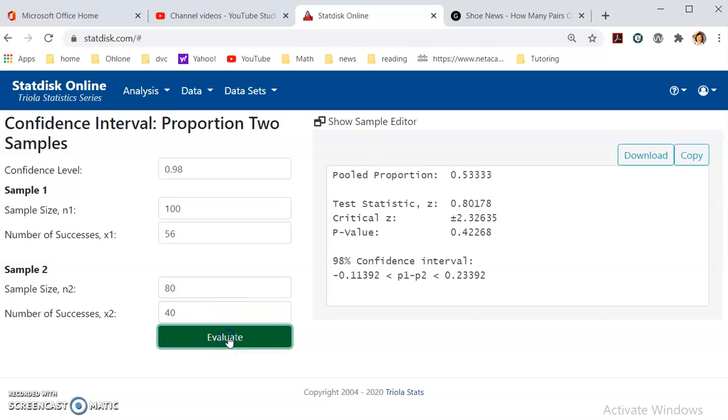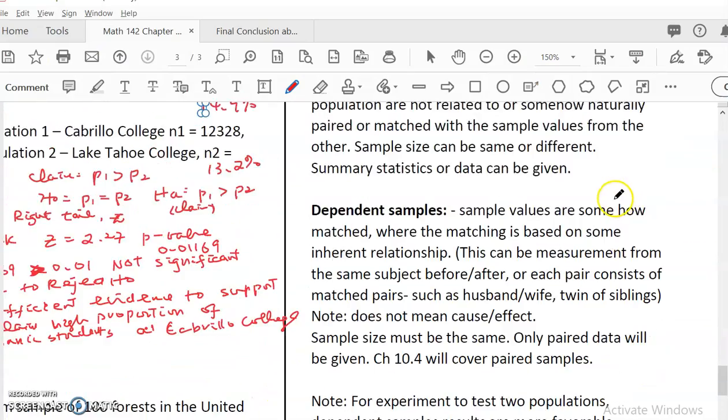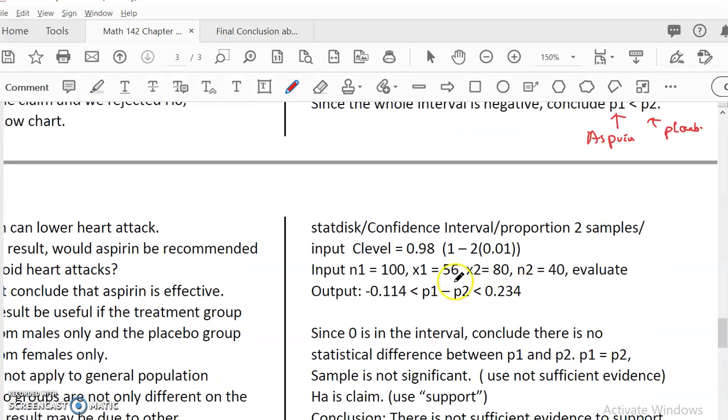And then we evaluate. They do have a p-value that they give you, but you're looking at the confidence interval. The confidence interval is negative 0.114 to positive 0.234. So I put my answer here. Negative 0.114, positive 0.234.